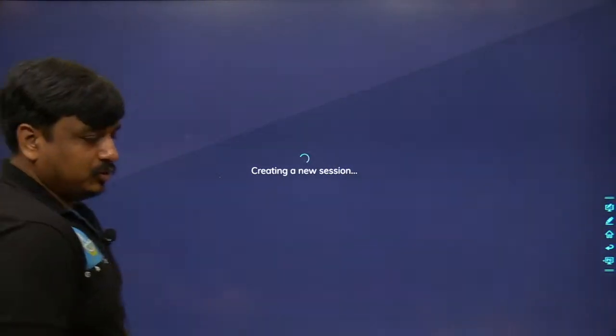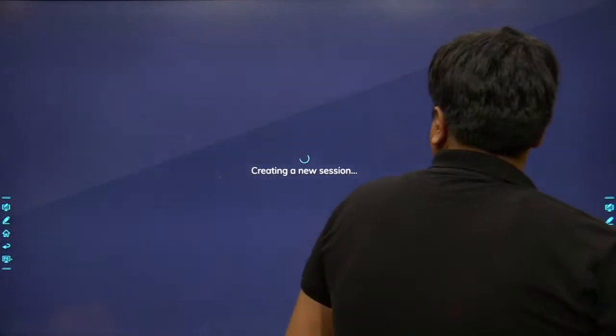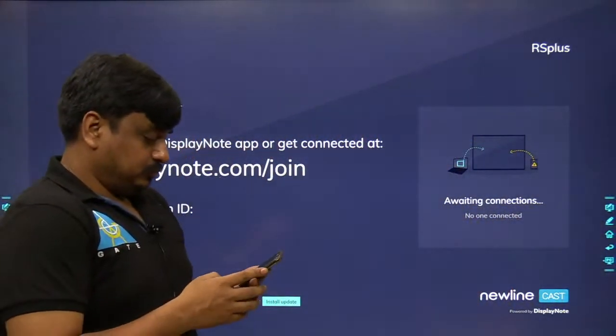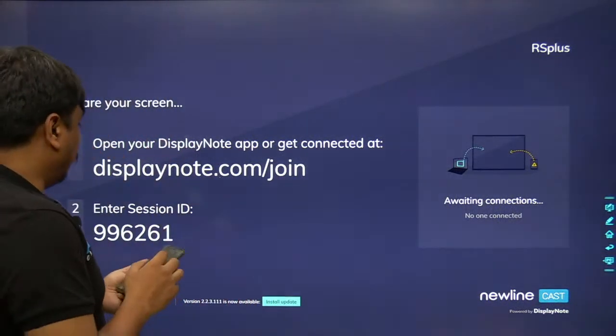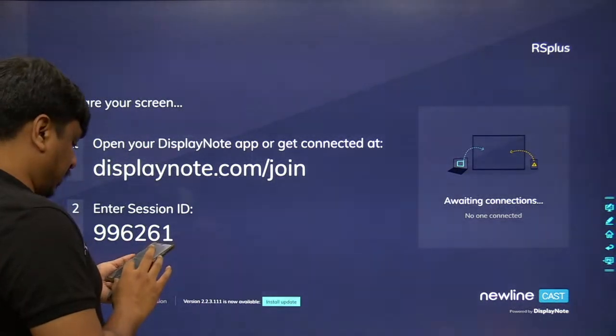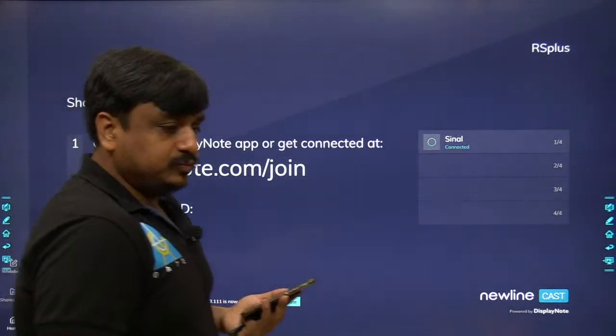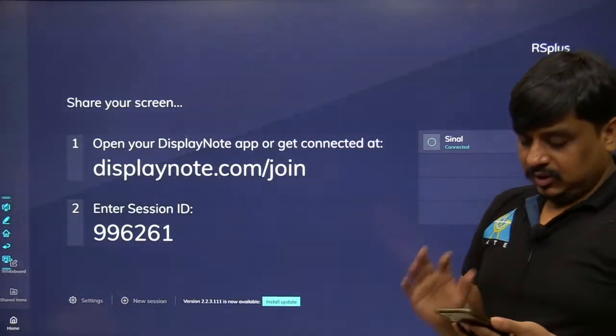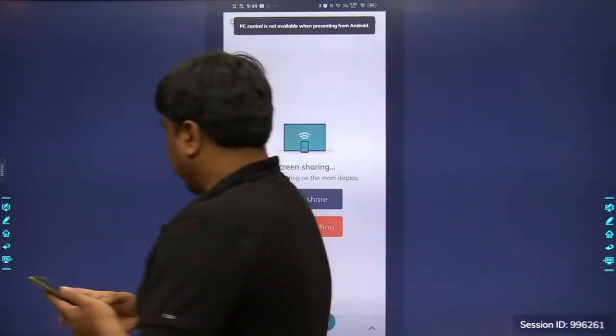Okay, let me go into the new session and try to understand what exactly I wanted to communicate through this problem. So again, I had to connect my mobile to this. The session ID is 996261. Yes, it has been connected now. Screen sharing has started.